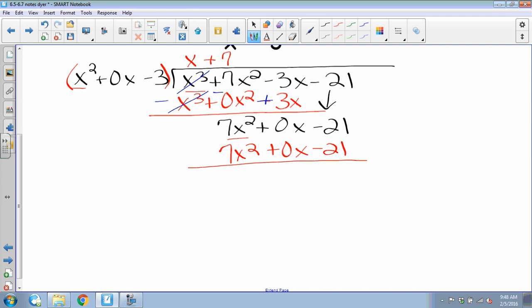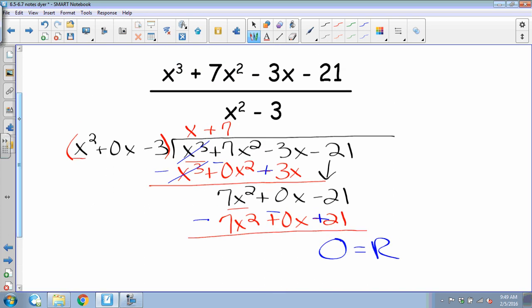Subtract, which means change all the signs on the bottom. So, negative, negative, positive. Everything cancels. So my remainder is 0. So x plus 7 is the answer, and it is a factor. And x squared minus 3 is a factor.